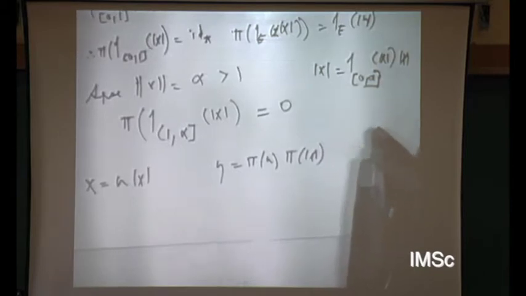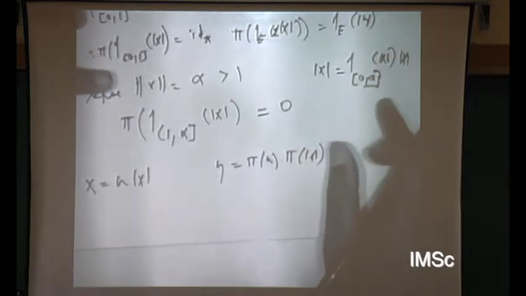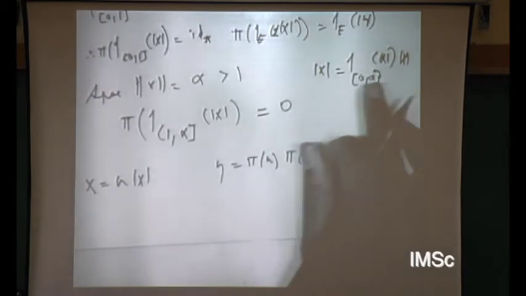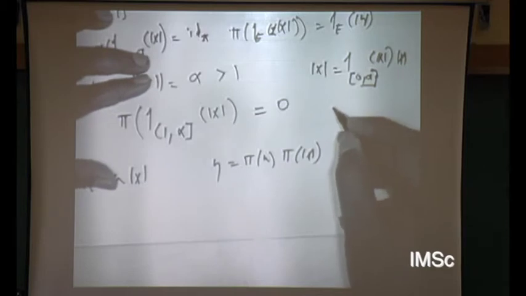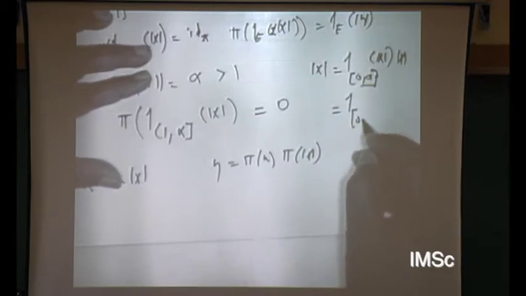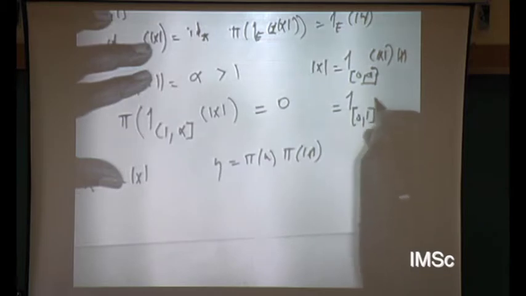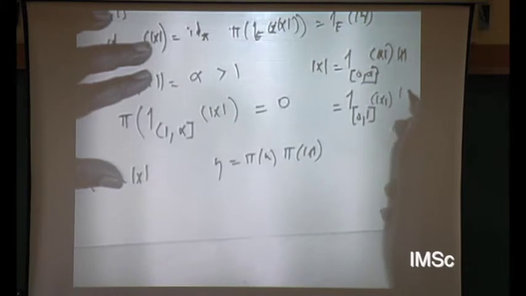Because norm x is alpha, 1 sub 0 alpha of mod x is the identity. But by what you've shown here, this is actually equal to 1 sub 0 1 of mod x times mod x.